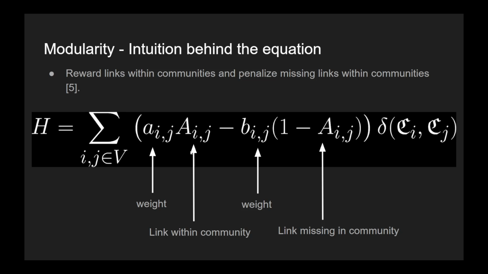If there's a link in a community between two nodes i and j, that's a positive value with some weight. And if there's a link that doesn't exist between two nodes in a community, that's going to be a negative value with some weight. If we look at every pair of nodes and all this evaluates to a good positive value, that's good. If it's a negative value, that's bad.